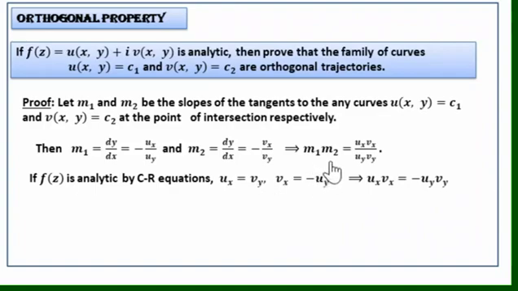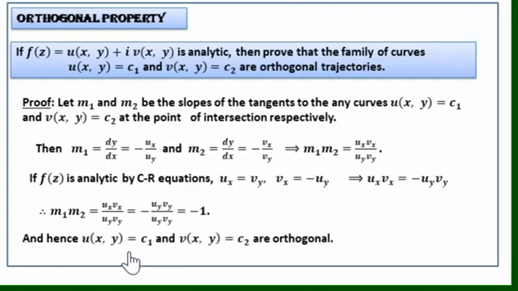Now substitute this in m1 into m2, which is uₓ vₓ by uᵧ vᵧ. So the numerator becomes minus uᵧ vᵧ, divided by uᵧ vᵧ. It is equal to minus 1. So the product of slopes of the tangents is equal to minus 1. That is, the two curves u of x,y equal to c1 and v of x,y equal to c2 are orthogonal.